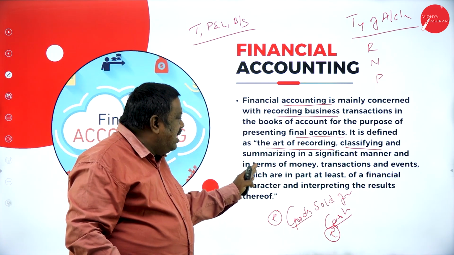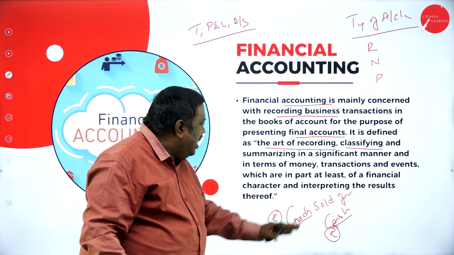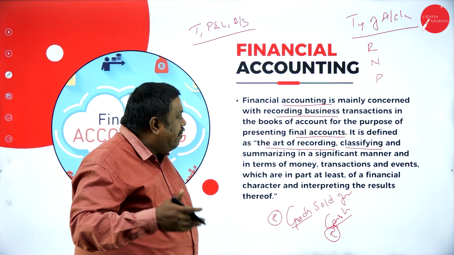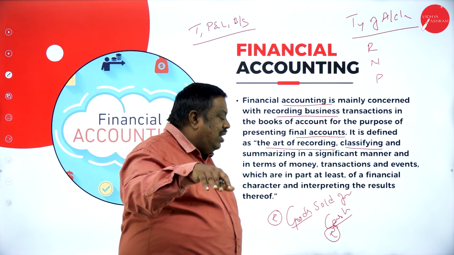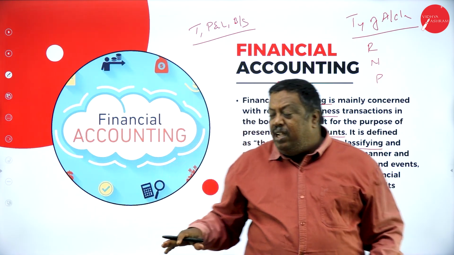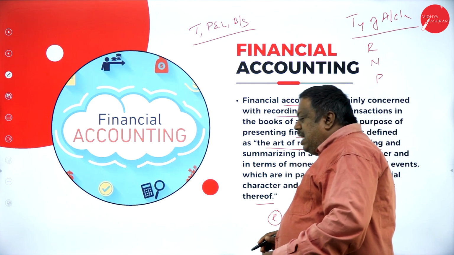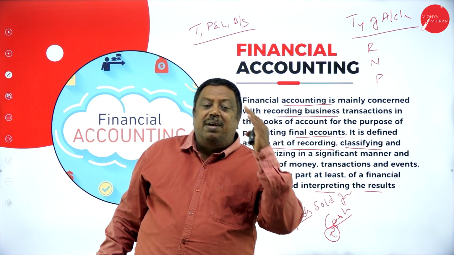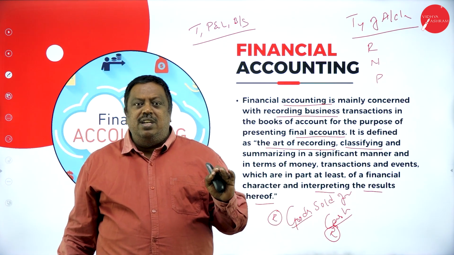And next, summarizing in a significant manner in terms of money, transactions and events which are, in part at least, of a financial character, and interpreting the results thereof. They are saying that it is the art of recording, classifying, summarizing the information.